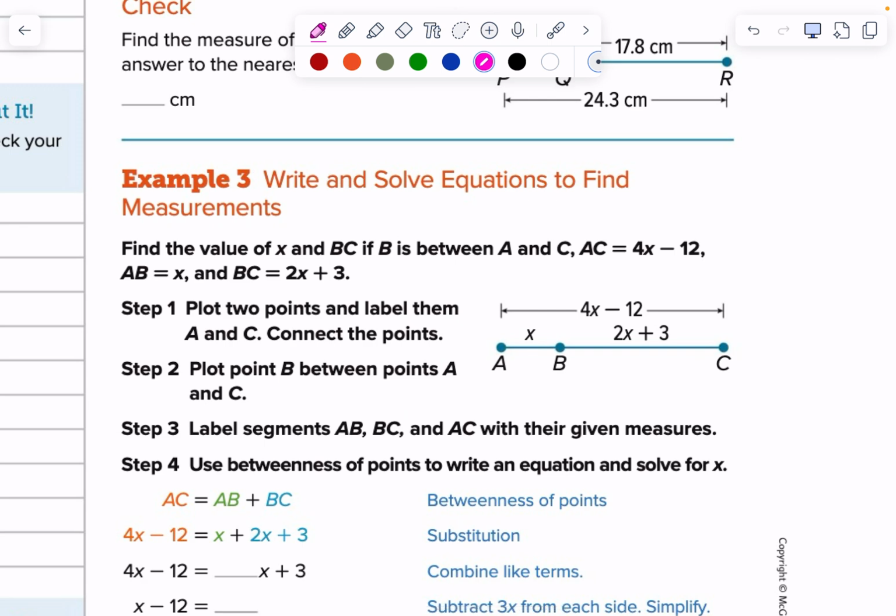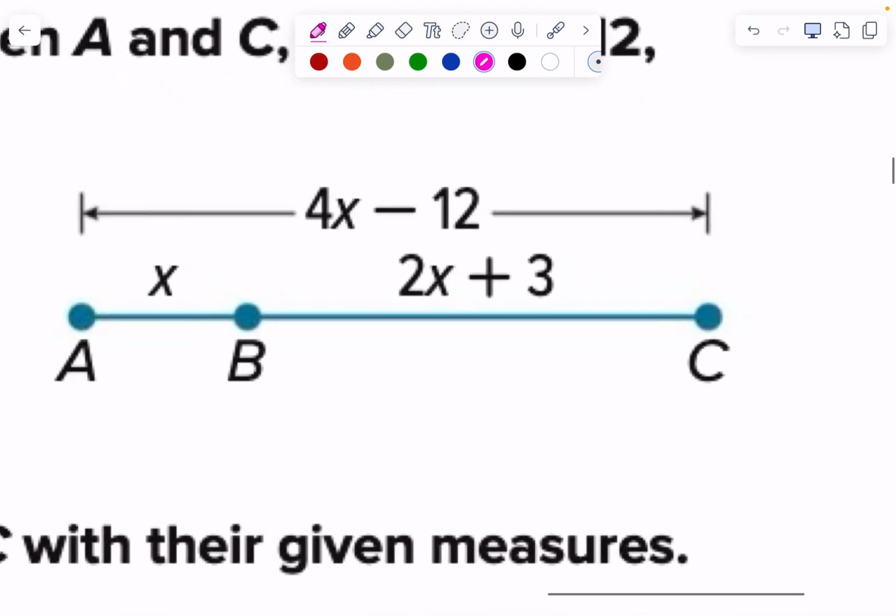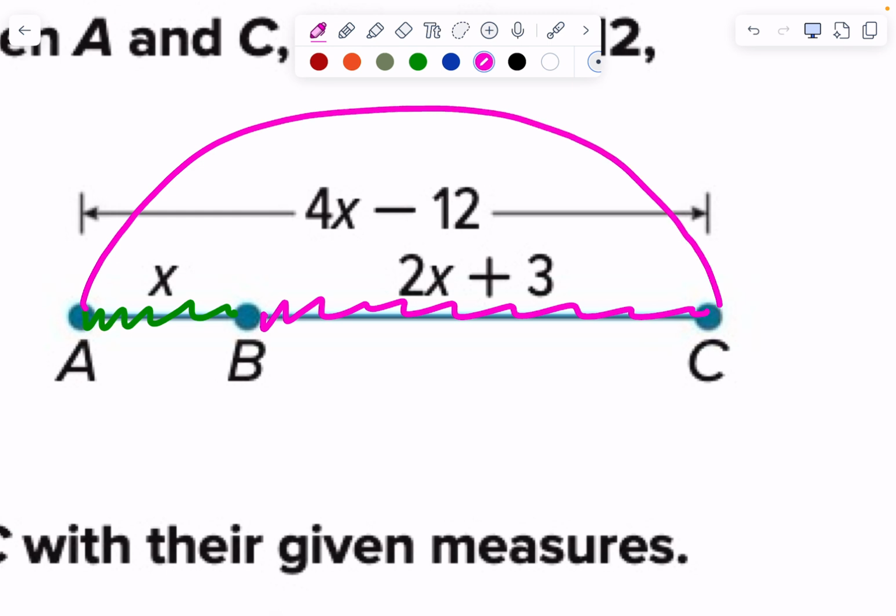Okay, now we get to geometry, which incorporates a little bit of algebra 2. Betweenness of points. Here we have this going on. How far is it from here to here? 4x. We don't know yet, they call it x. How far is it from here to here? 2x plus 3. And from here to here is 4x minus 12.